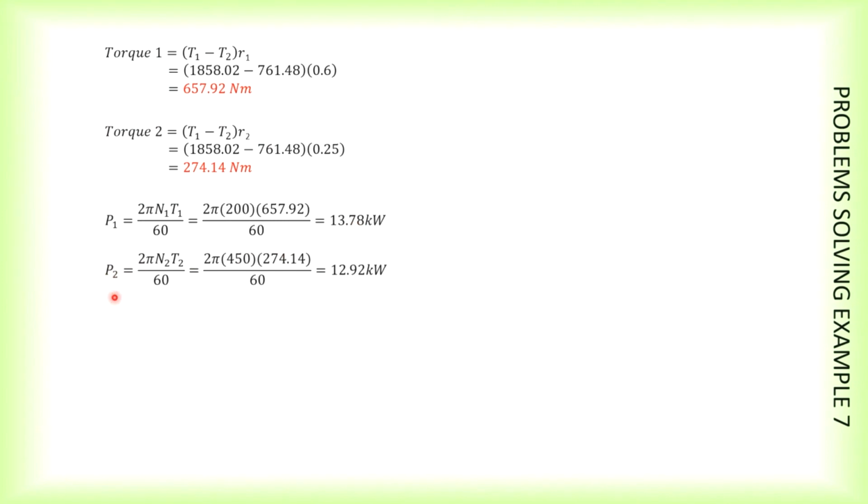Then the power received by the smaller pulley, you can also use 2 pi nT over 60 because the smaller pulley is also a rotating component. Remember, power can be found by effective tension times velocity times number of belts. That is based on the belt. If you take it based on the pulley, you must use 2 pi nT over 60 or T omega.